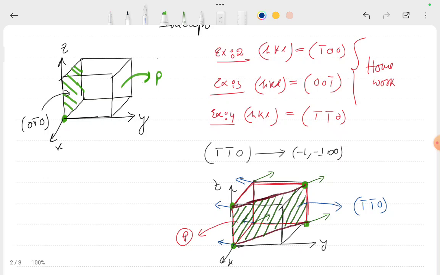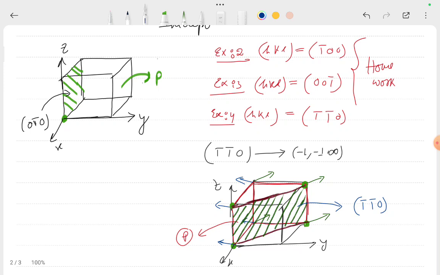Okay, so please try to understand the sketch. First we take an arrow on the negative x-axis face corner, and then again we take the negative face of the y-axis.